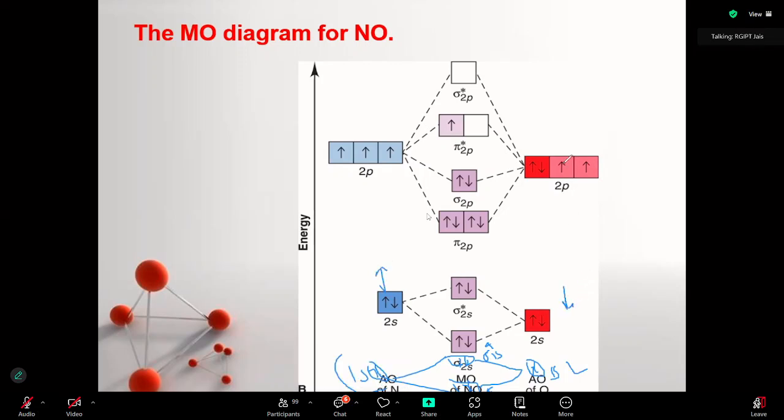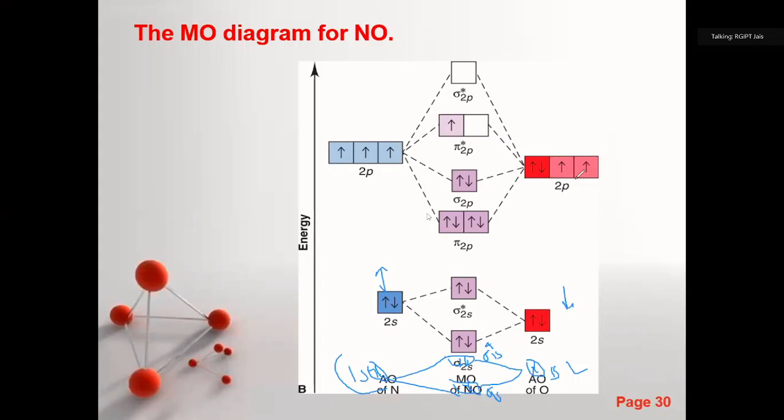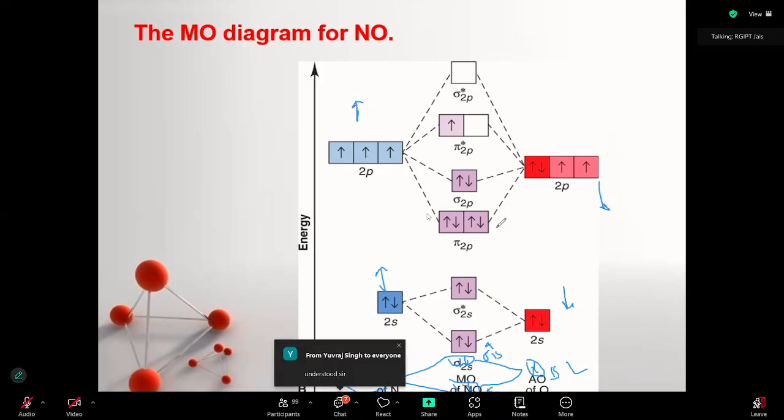In case of oxygen, because the electronegativity of oxygen is slightly higher as compared to nitrogen, that's why the energy gap between 2p and 2p is slightly lower in this case and slightly higher in case of nitrogen due to the electronegativity difference, and that can form a bonding and anti-bonding molecular orbital.